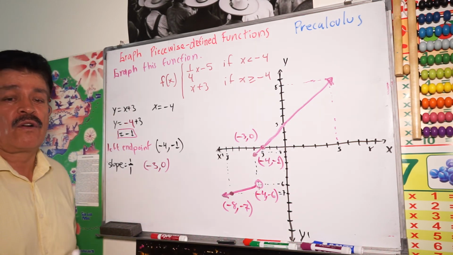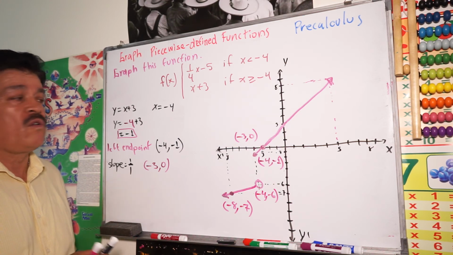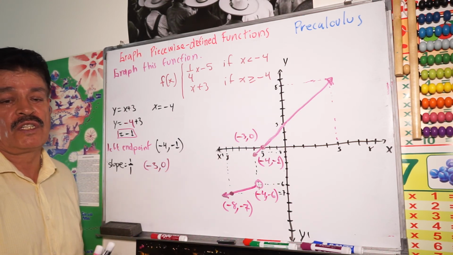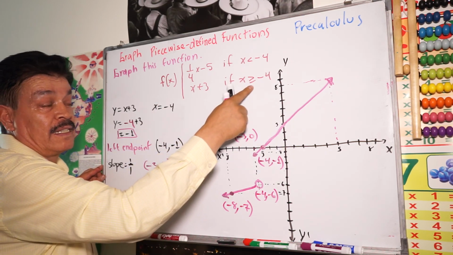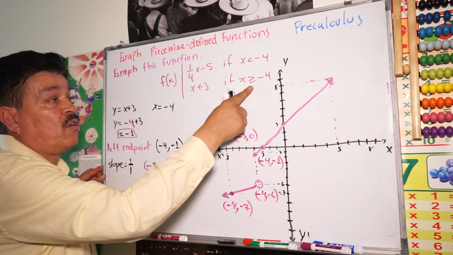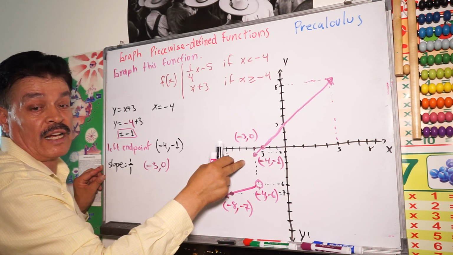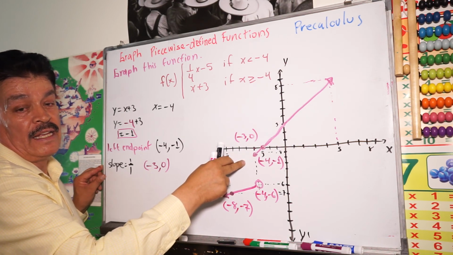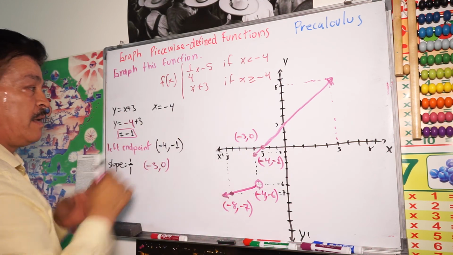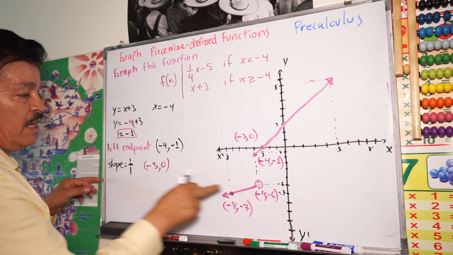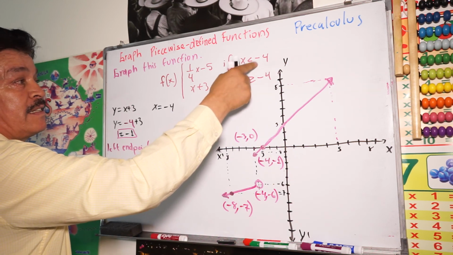As a conclusion, we use the closed circle here because x is greater than or equal to -4. Remember the first graph: we used the open circle because x is less than -4.